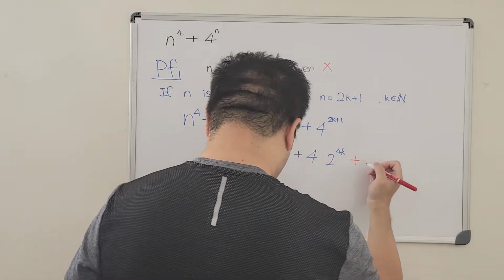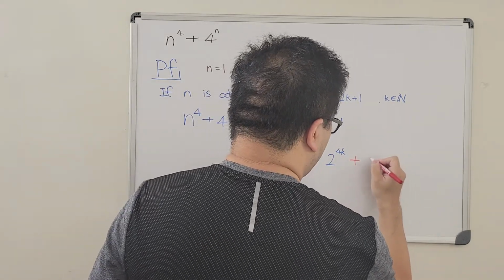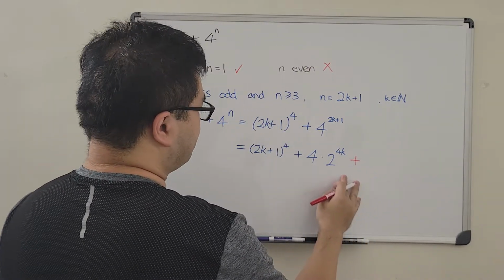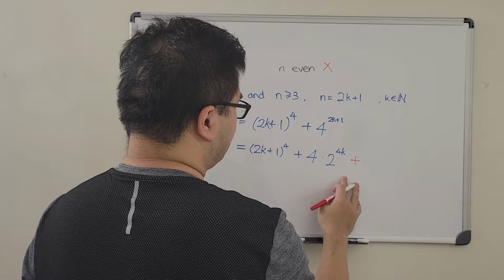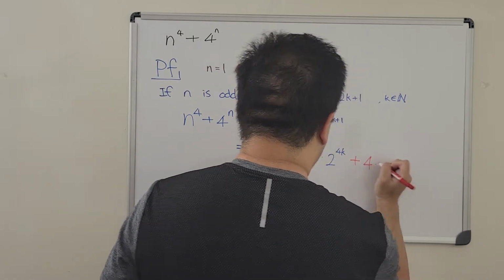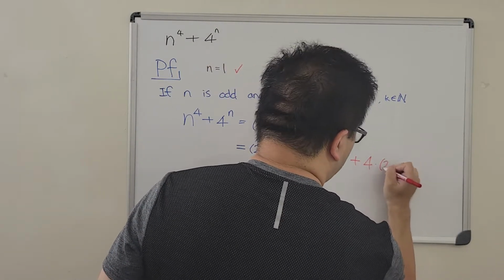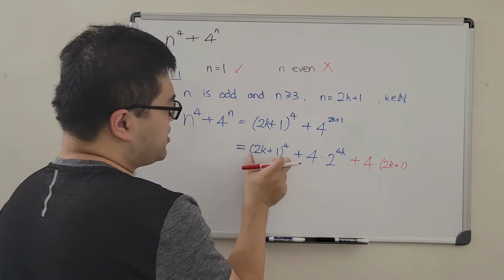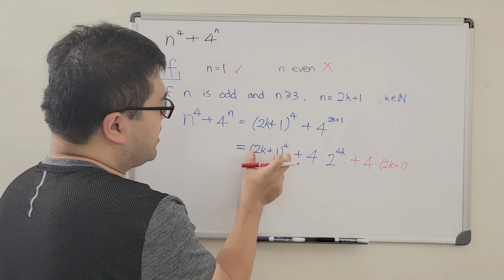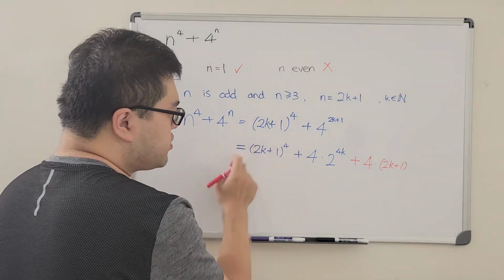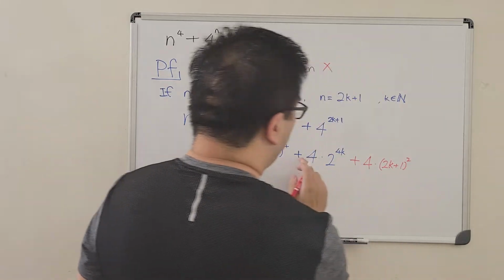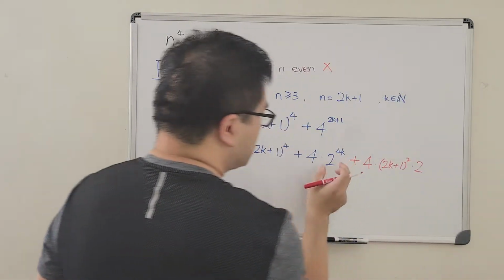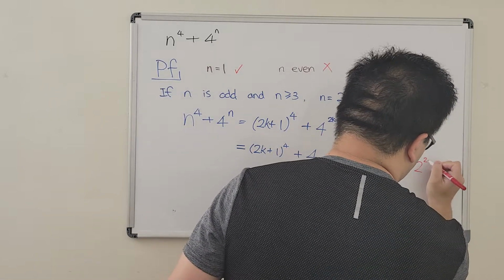We're going to add 4 times 2k plus 1 raised to the 2nd power, which, if you notice, we're taking the square root of this term here, multiplied with the square root of this, which is 2 to the 2k power.